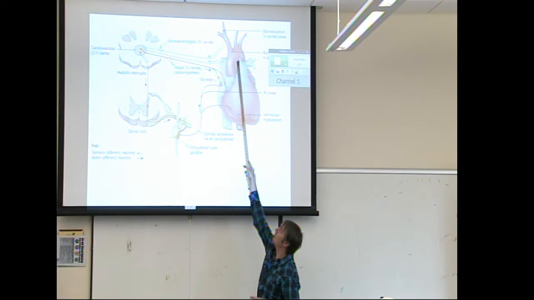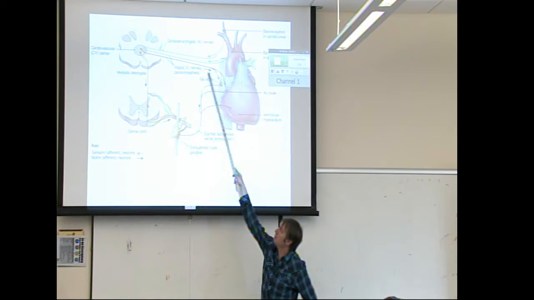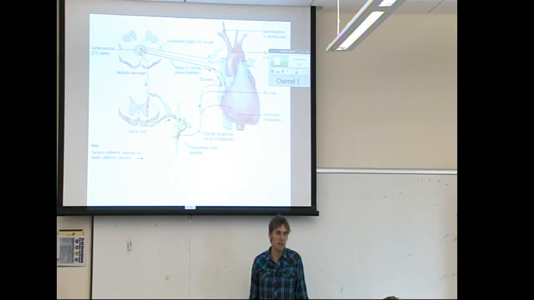So if you had, let's say, these receptors sensing high blood pressure, what's the medulla going to tell these nodes to do? Beat faster? Beat slower, right?